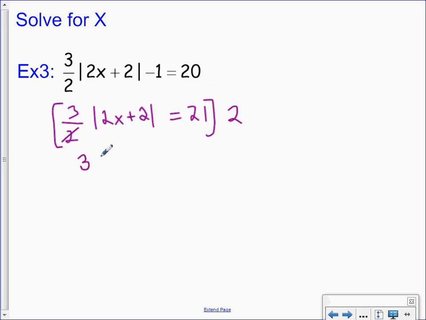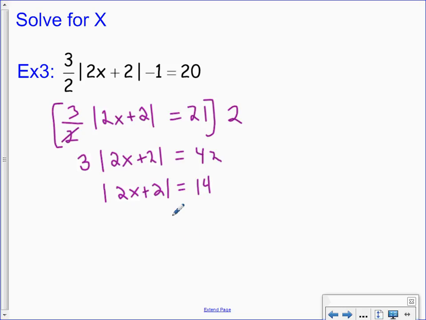So the 3 is there, but you don't multiply it into the absolute value. It's still x plus 2 inside. But you do have to multiply that 21. That's 42. Then divide by 3. So you get |x plus 2| equals 14.